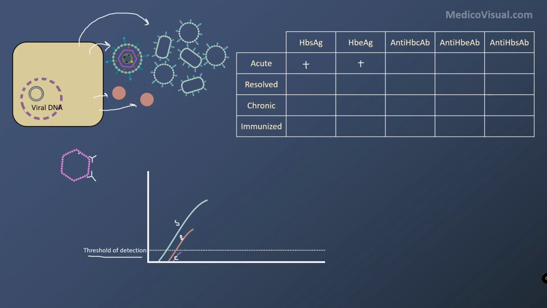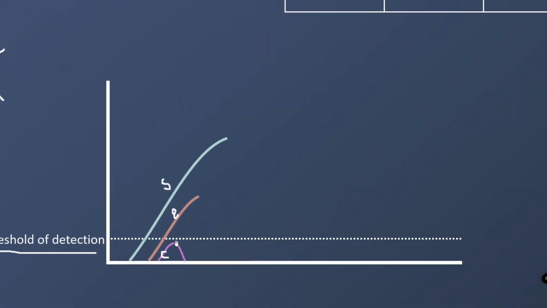We cannot detect bound antigen or bound antibody. So let's suppose it has bound all the core antigen that is present. This core antigen will then appear to be 0, right?